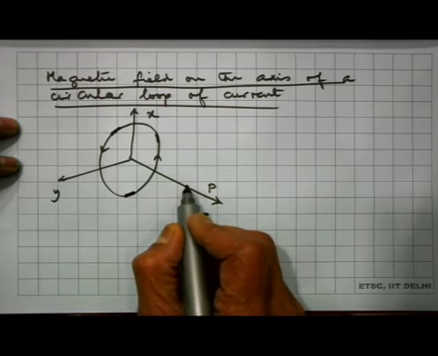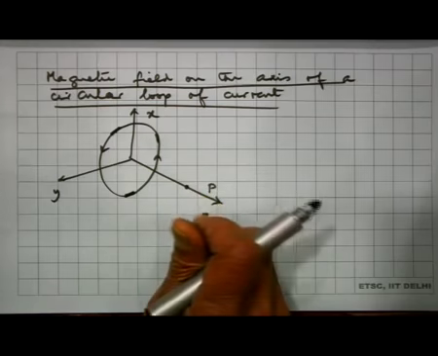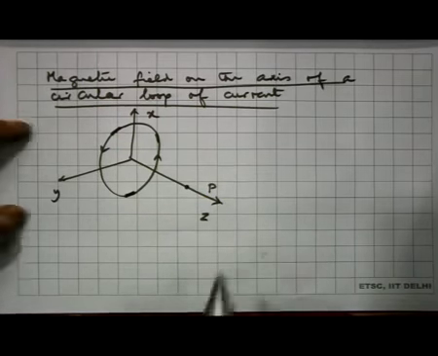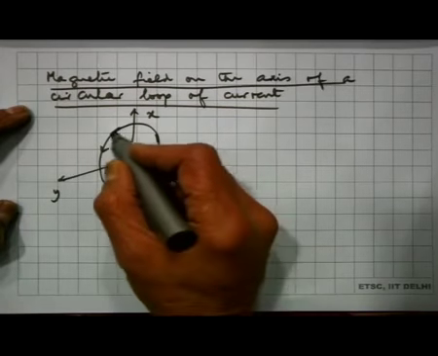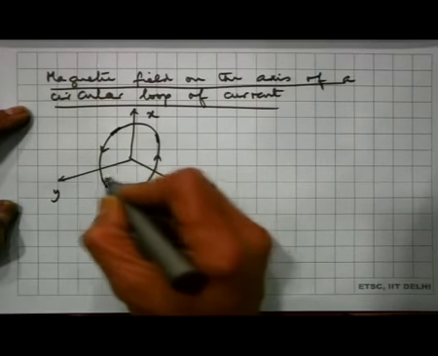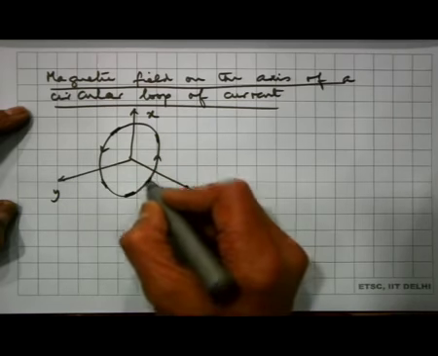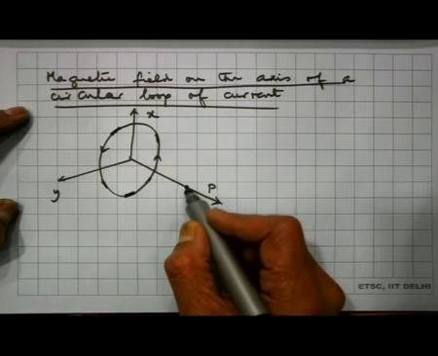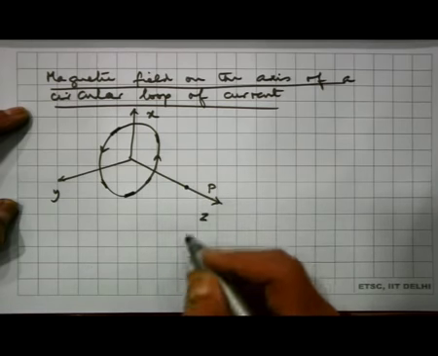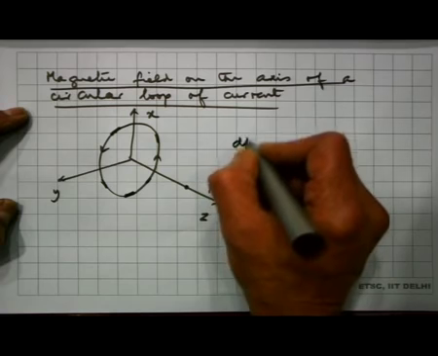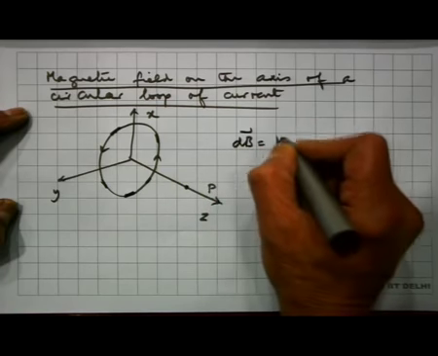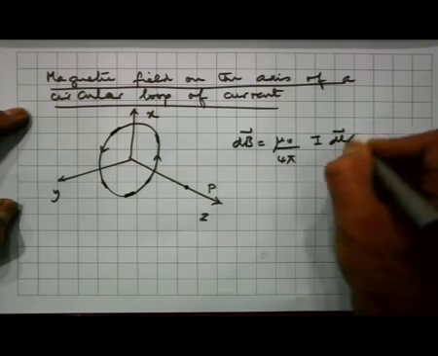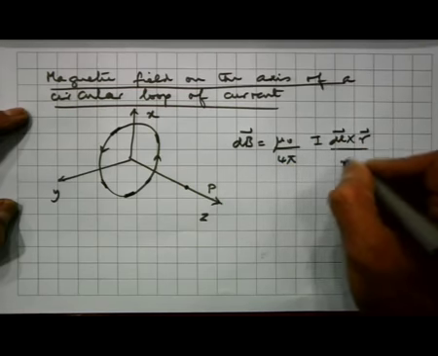Please remember, magnetic field is a vector field, so when I add the magnetic fields, I must be careful in adding them vectorially. So I calculate the magnetic field from all the small elements of current and use the superposition principle to sum them up vectorially to calculate the total magnetic field. Now remember, we had this Biot-Savart law, dB is equal to mu naught by 4 pi I dl cross r by r cube.